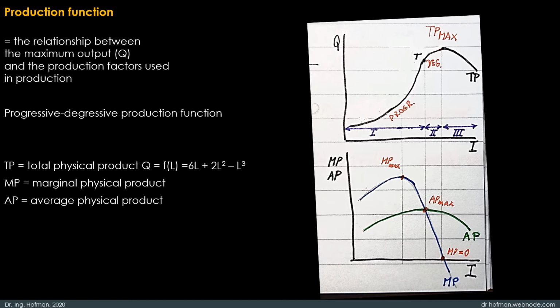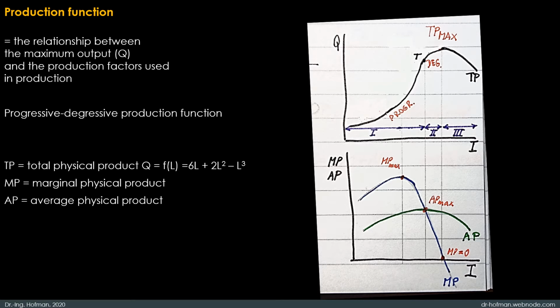In stage 3, too much variable input is being used relative to the available fixed inputs. Variable inputs are overutilized in the sense that their presence on the margin obstructs the production process rather than enhancing it.